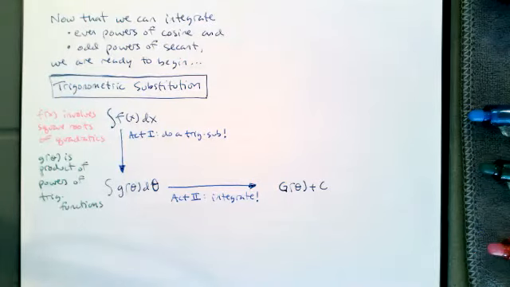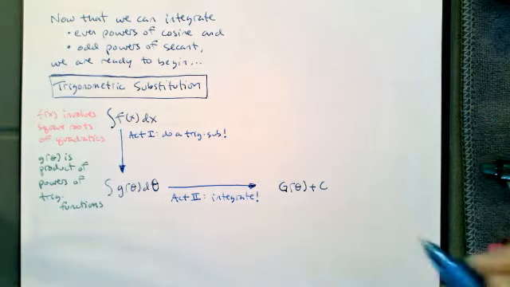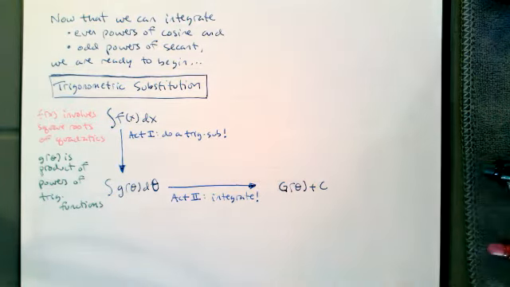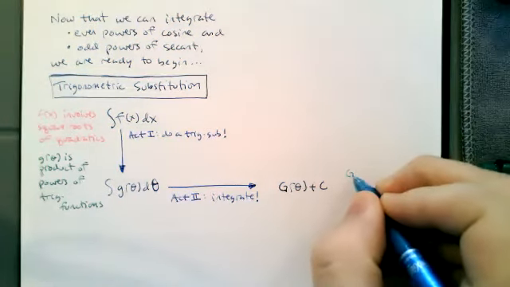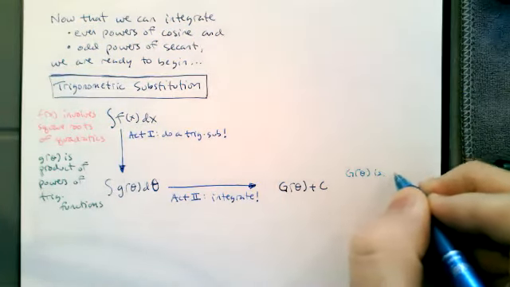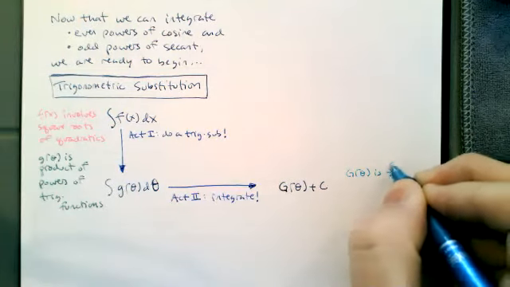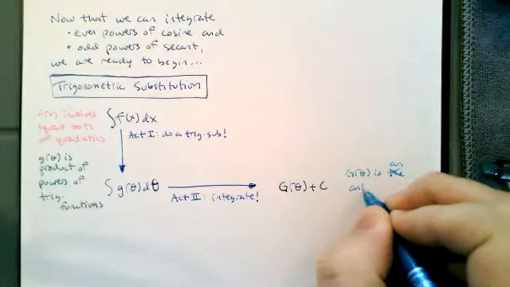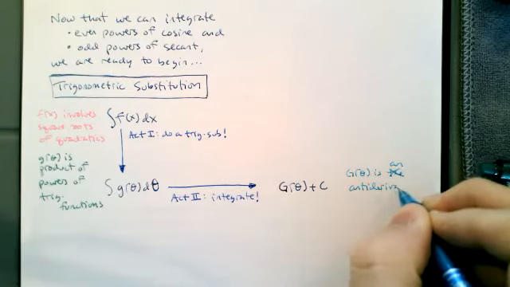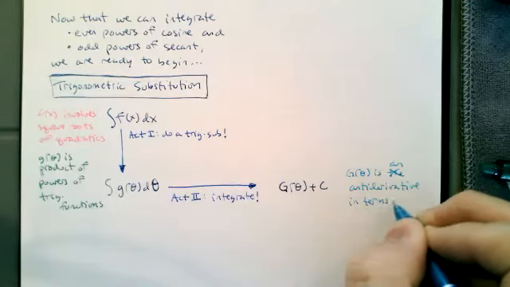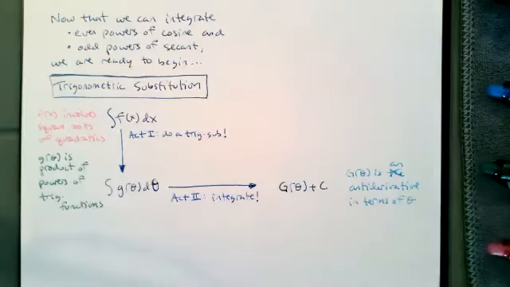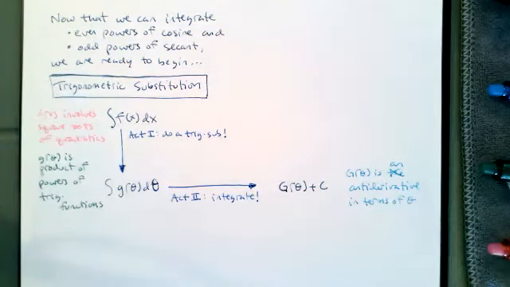So now we have the antiderivative in theta, but that's not what we want. So capital G is the antiderivative in theta, which is not what we want.